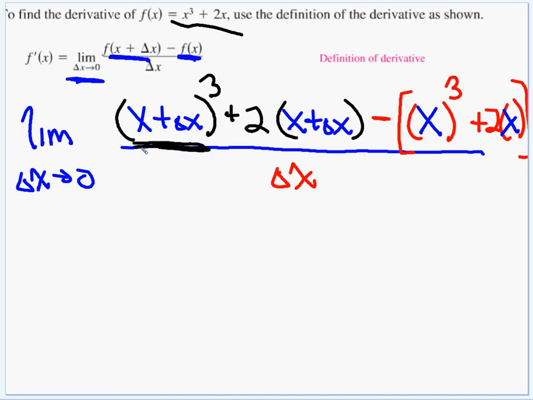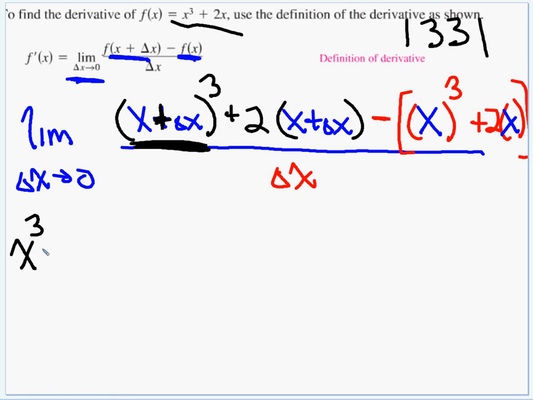Now comes the fun part. This quantity cubed. Do we remember Pascal's triangle and a binomial expansion? Remember, the coefficients for a third power expansion are 1, 3, 3, 1. And since this is a plus, every term will be positive. So my first term is going to be x to the third.